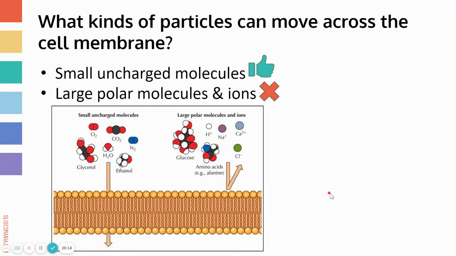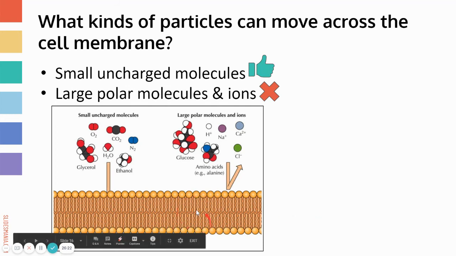The other factor that we have to take into consideration is whether the molecule is nonpolar, polar, or charged. Because there's this dense region of hydrophobic or nonpolar tails, this is going to be the sticking point for molecules as they're trying to move across the membrane.